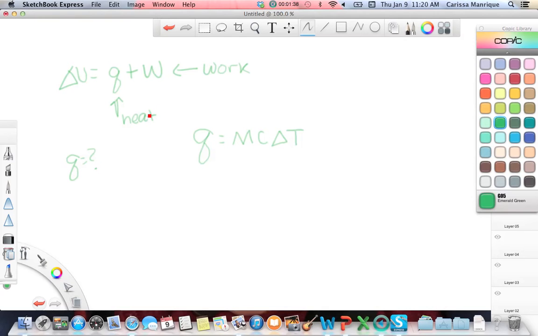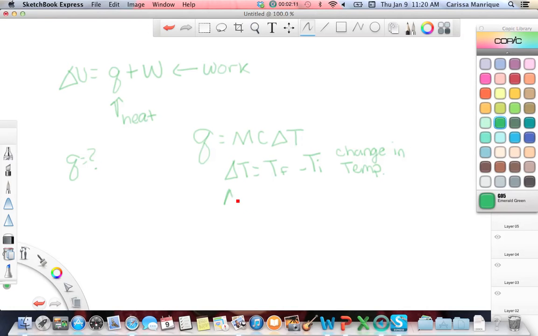Anytime we heat something, there will be a change in temperature. So delta T is just your temperature final minus your temperature initial. That's your change in temperature.